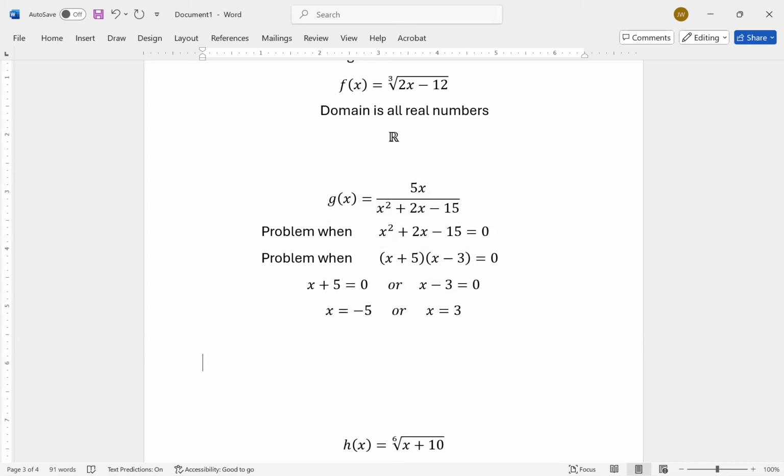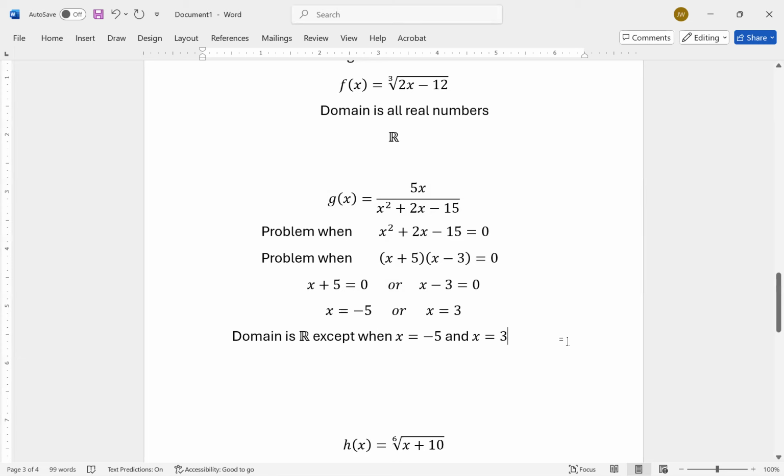Now be careful. This does not mean that the domain is just negative 5 and 3. In fact, that means the opposite. The domain is all real numbers except when x is negative 5 and when x is 3. There's different ways to phrase that, but the domain is all real numbers except when x is negative 5 and x is 3.